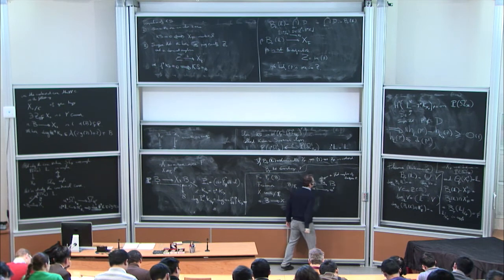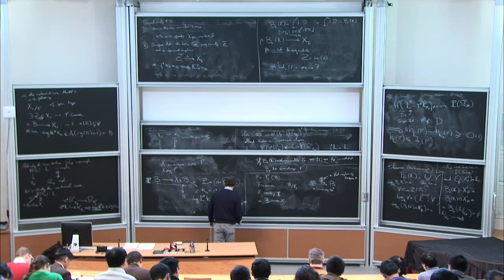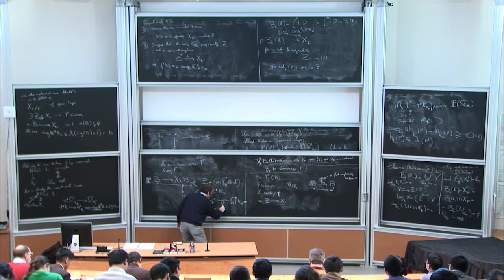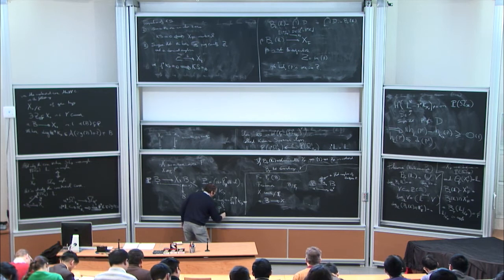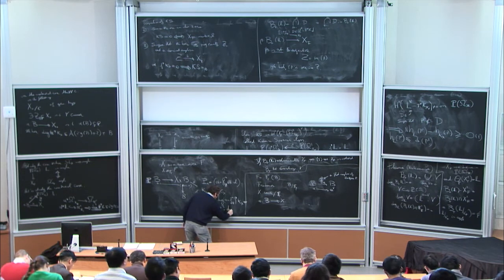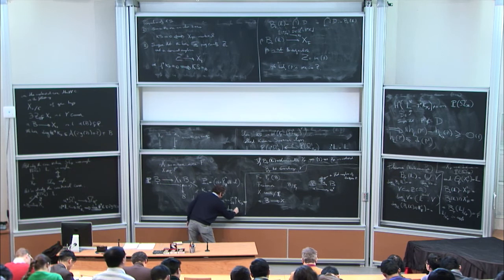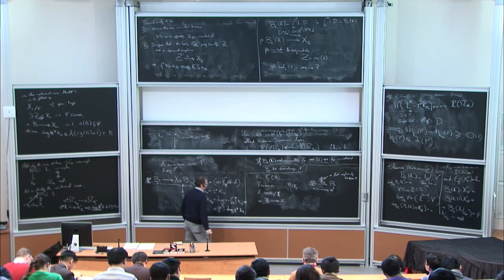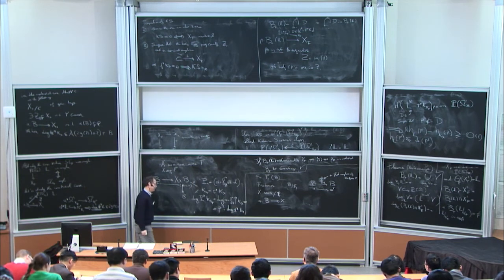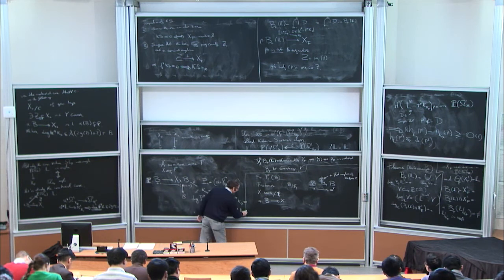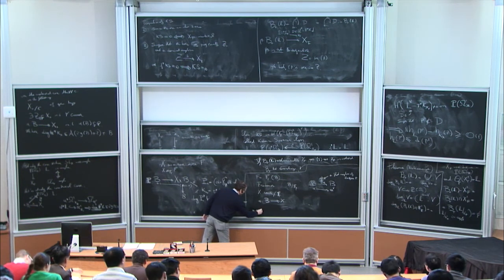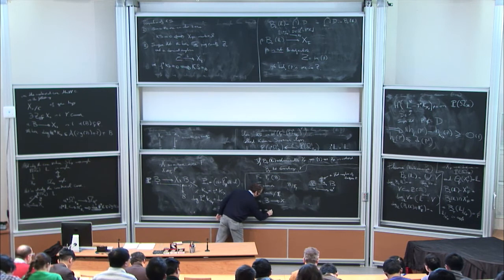So this is equal to p to the power n times the degree of alpha upper star of K_X. So it goes to infinity when n goes to infinity.